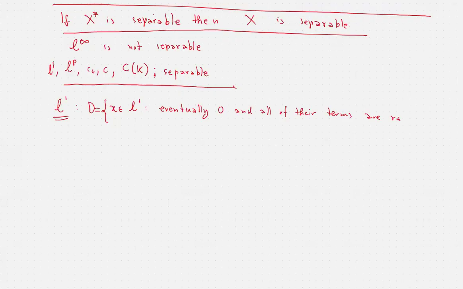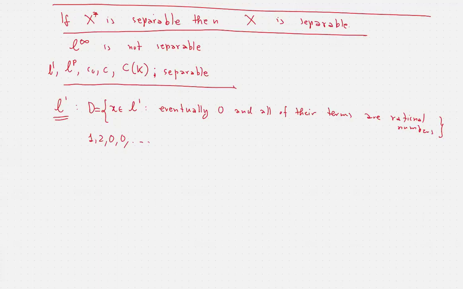So what do I mean by this? Take a sequence that looks like this: 1, 2, and then 0, 0, 0. In general, if you take a sequence which is eventually 0, there's no doubt that it's an element of L1 because the sum of its absolute values is a finite sum. So we take all such sequences, and we make sure that all the entries, of course 0 is a rational number, but the non-zero entries are also rational numbers.